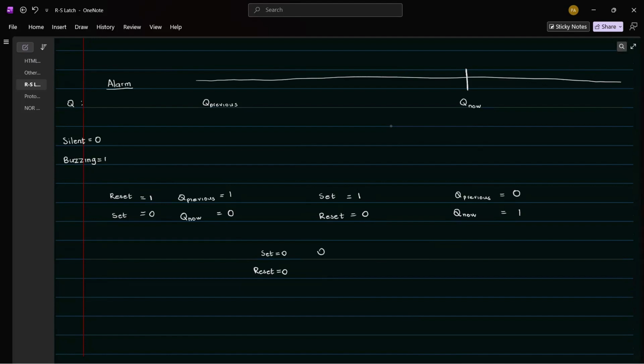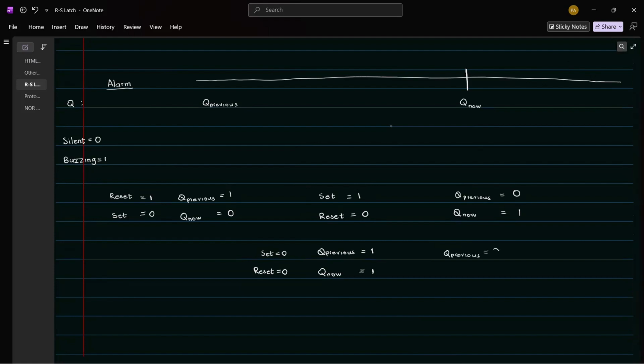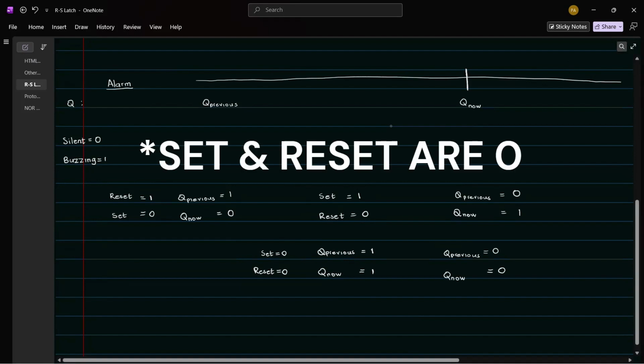So if Q previous is equal to 1, then Q now will be equal to 1. If Q previous was equal to 0, Q now will also be equal to 0, because there is no change when set and reset are equal.